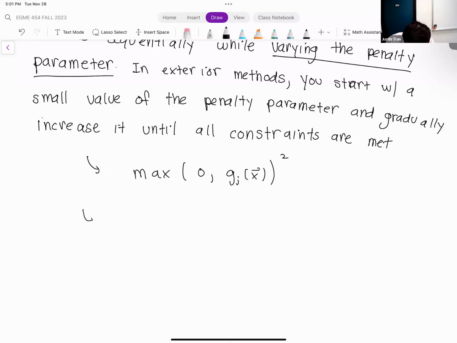And so using the penalty method, you're going to start with a relatively small value for the penalty parameter.